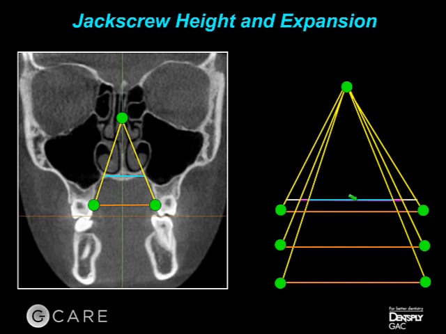So if we imagine that expansion happens in a triangular fashion, the closer we are to the suture, the more we can expand the same amount but get more sutural change versus dental tipping.